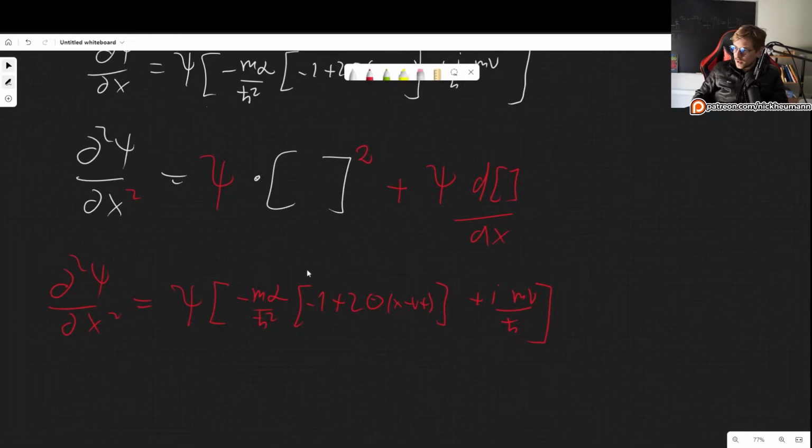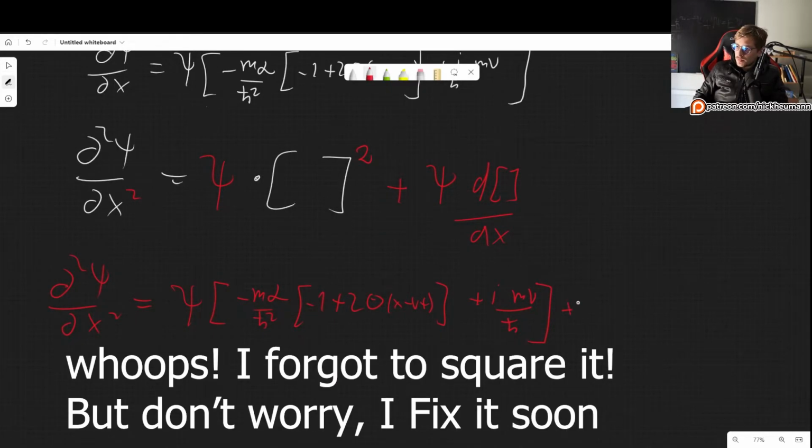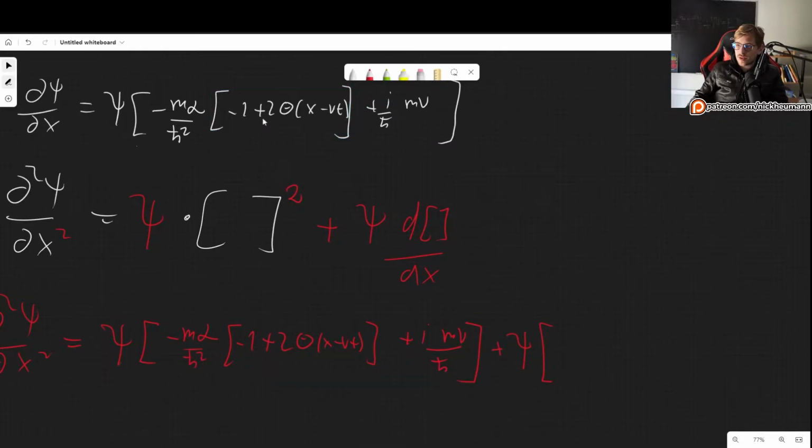And the second part is now plus ψ times the derivative with respect to x. But the only x appears in here, nothing else contains an x. So we get minus 2 m alpha over h bar squared times the derivative with respect to x of the step function.